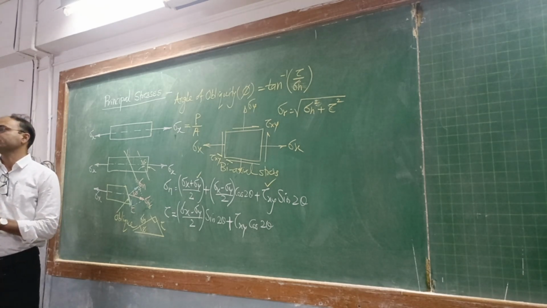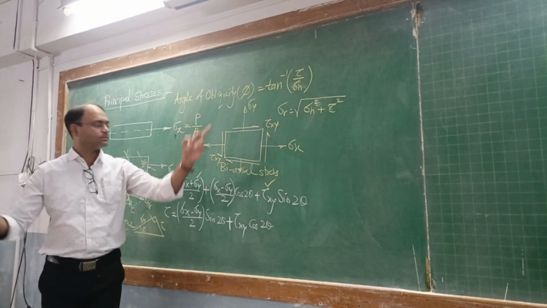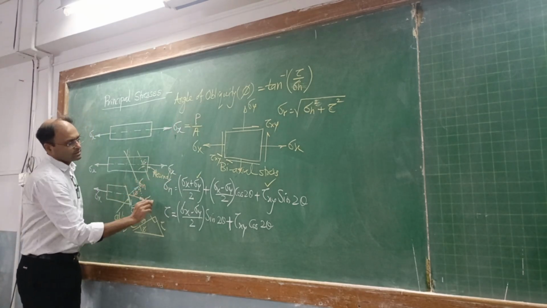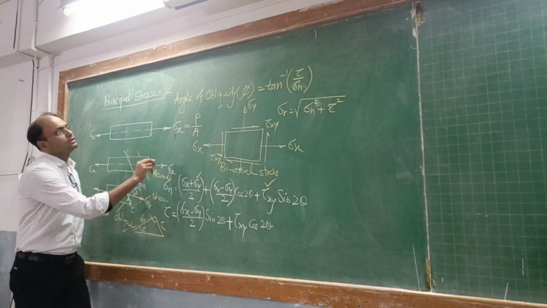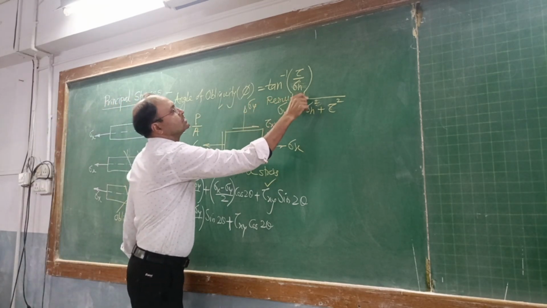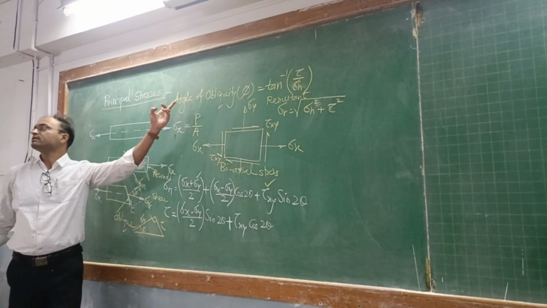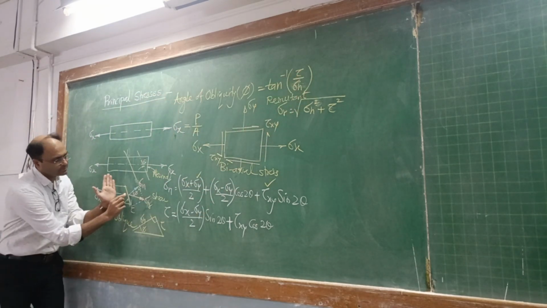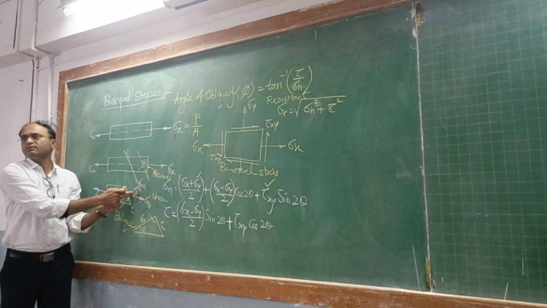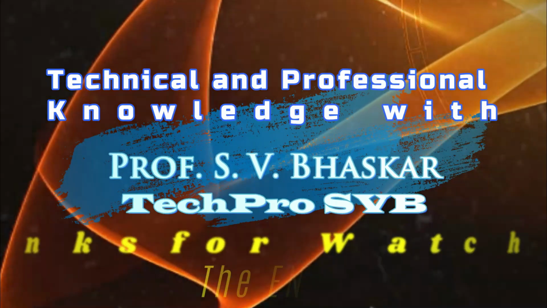Tau means shear stress, sigma n means which stress? This is normal stress, this is shear stress, and this is resultant stress. And phi is angle made by resultant stress with normal stress. Angle made by resultant stress with normal stress. The angle between the two is phi, which is called angle of obliquity.